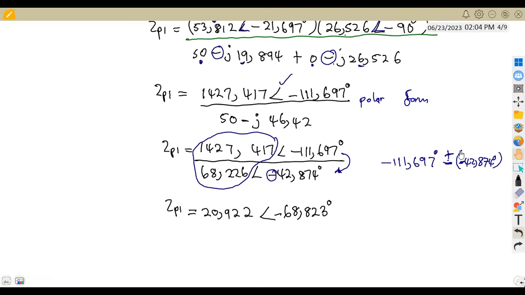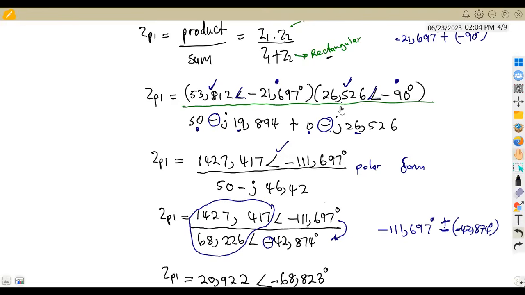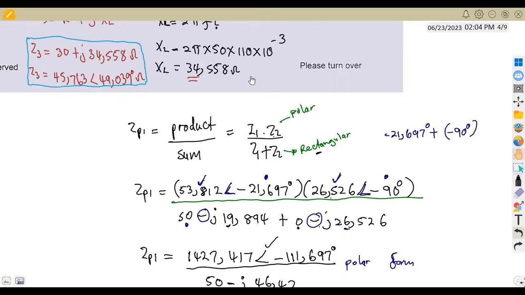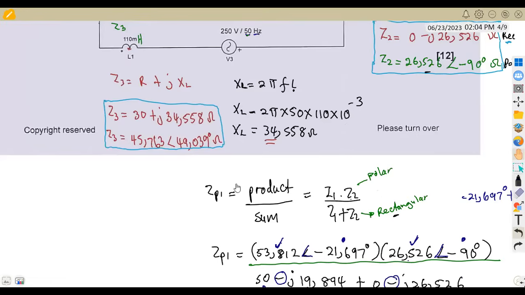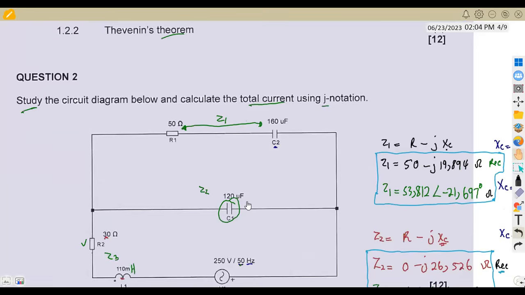All right, so this is our parallel combination, which is in polar form. So each and every answer that you have, you do not know what's going to happen with our parallel combination, but in this case we know because we said the first parallel combination has to be added here from our diagram. If we check here from our diagram, we say this is our first parallel combination, these two.